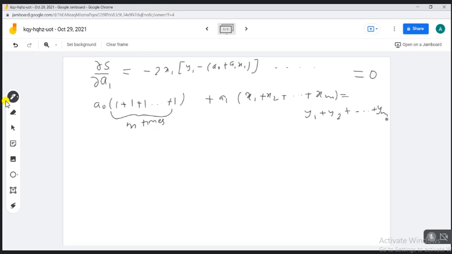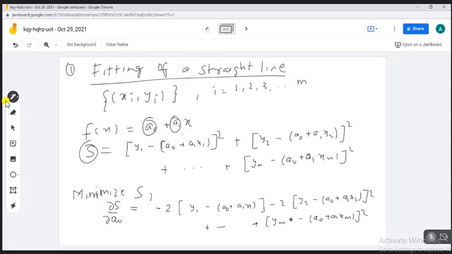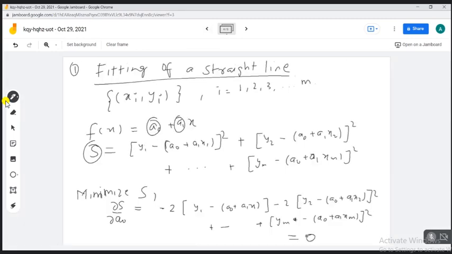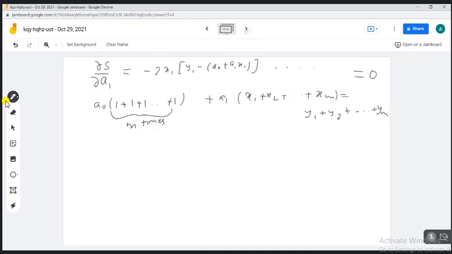This is from this equation if we set this to 0. So is this clear? Is this clear? Yes, sir. Okay.